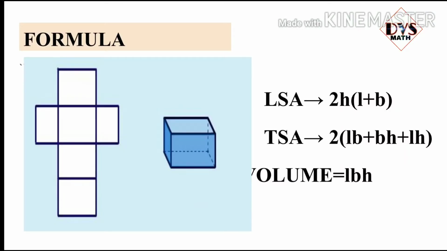Formula. LSA, 2h times of L plus B, that means 2LH plus 2BH. TSA, that is total surface area, 2 times of LB plus BH plus LH. Volume is equal to L into B into H. That means we are considering length, breadth, height.